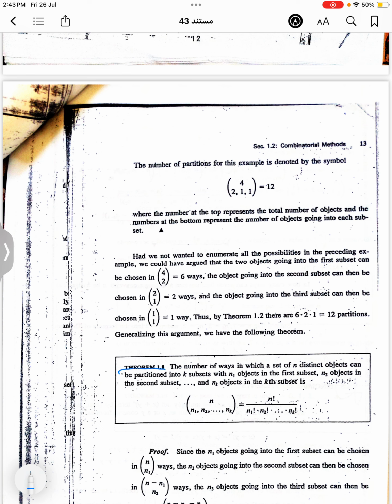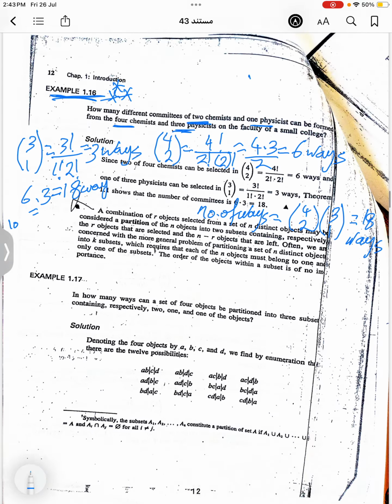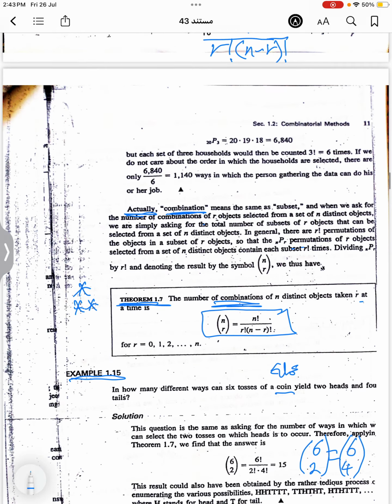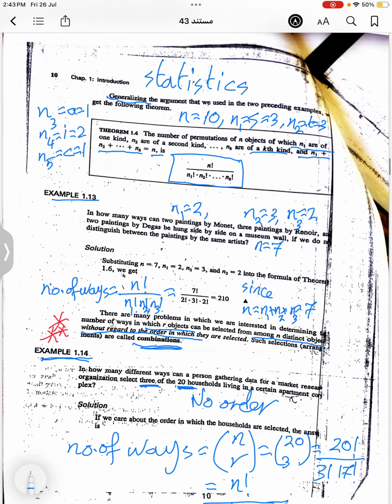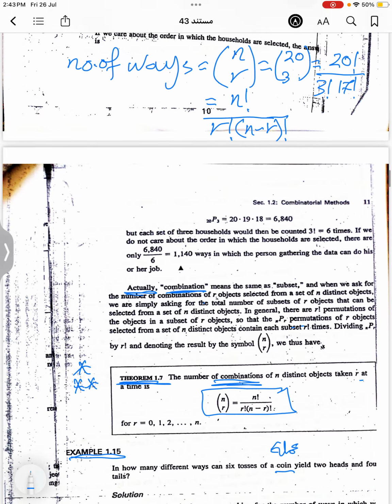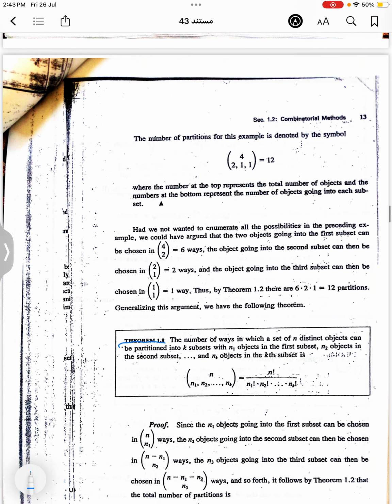We can write the previous theorem, theorem 1.6, in another way.